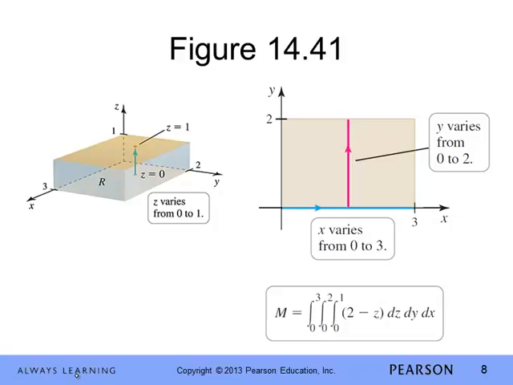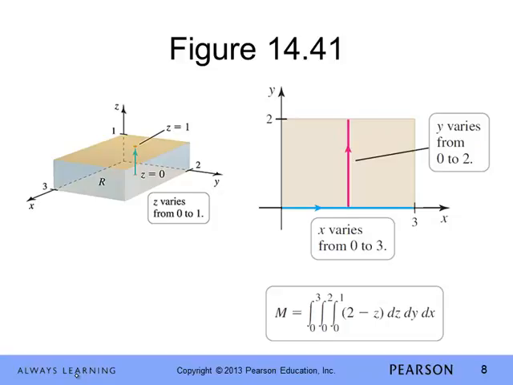Because this is a rectangular box, we could choose to integrate with respect to z first, with respect to y second, and then with respect to x last. You're just working your way from the inside out. But we could just as easily integrate with respect to x first, then y, then z. It doesn't really matter in this example.